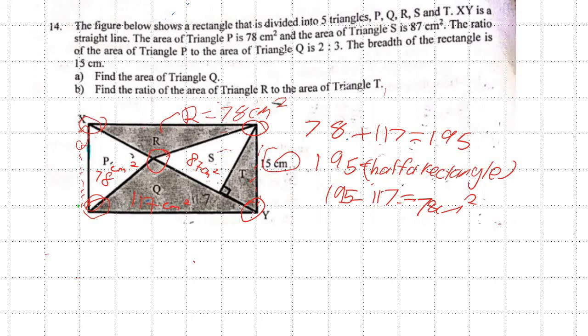Then we can find out what triangle T is. How do we do that? Simple. 195 minus 78 minus 87 equals 30.